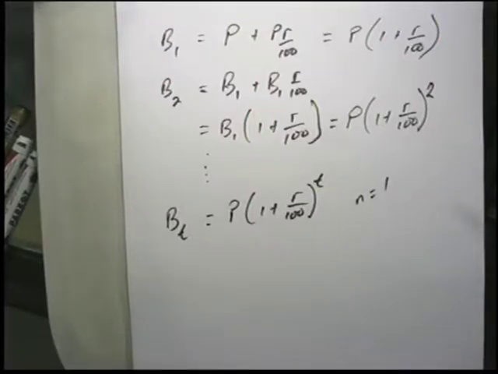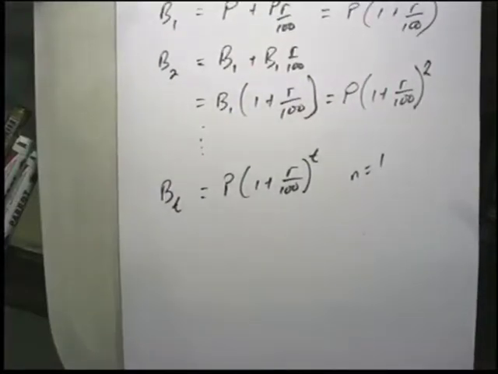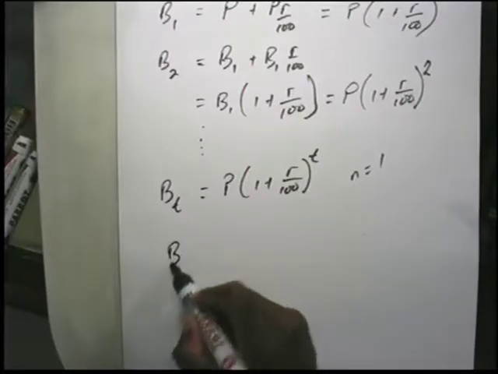But if you're compounding N times in a year, then what you will have, if you follow the same reasoning, and of course you realize that your interest now, R over 100, is your interest annually. And therefore, at each compounding, you will have to divide that interest by the number of compoundings in a year, which means you will have BT.